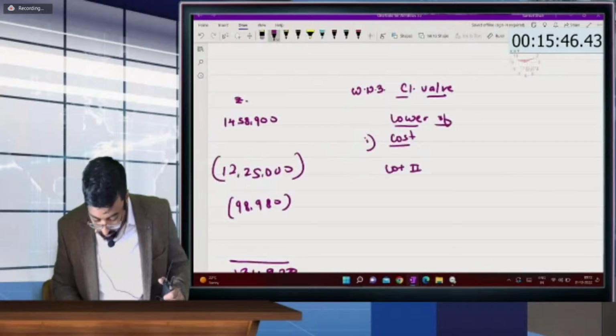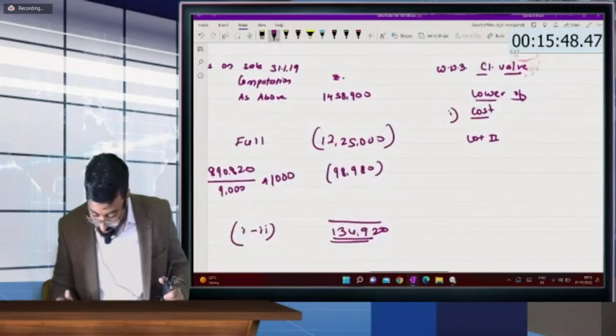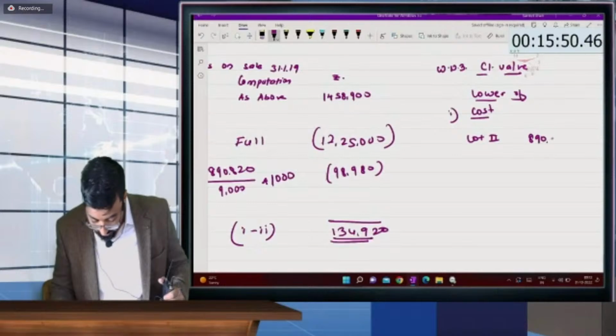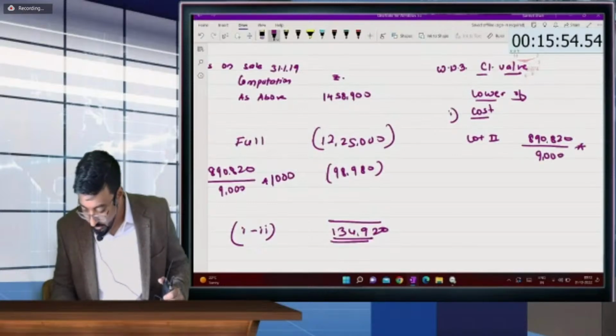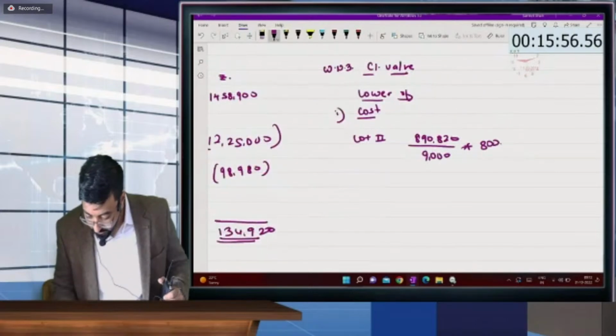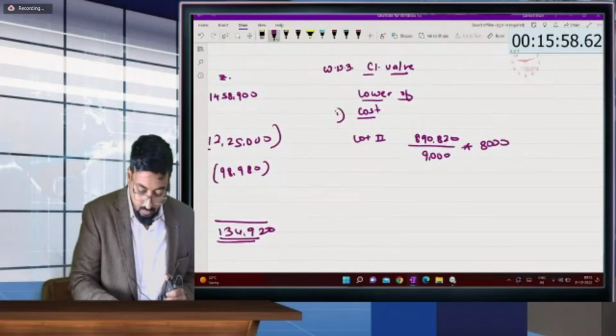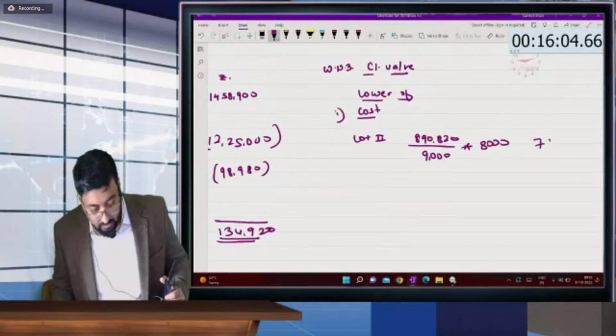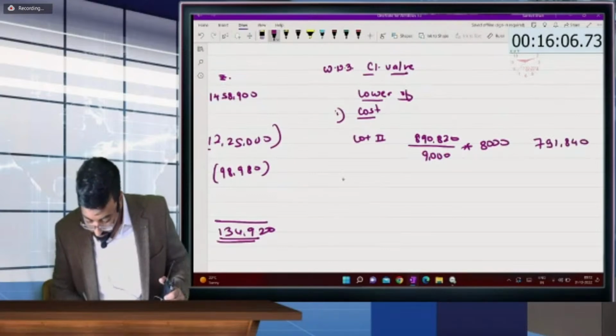Lot 2: 890,820 for 9,000, left with 8,000, gives 791,840.